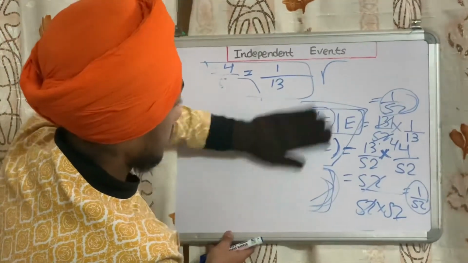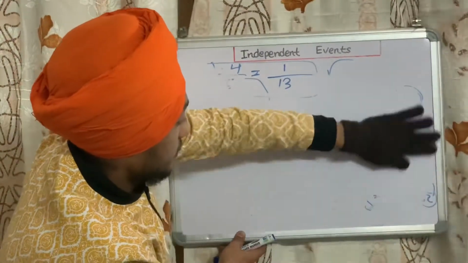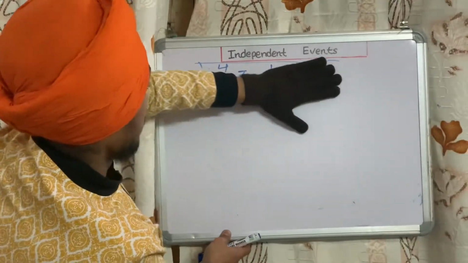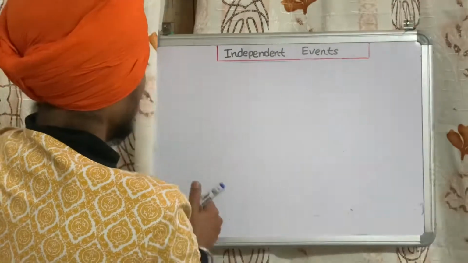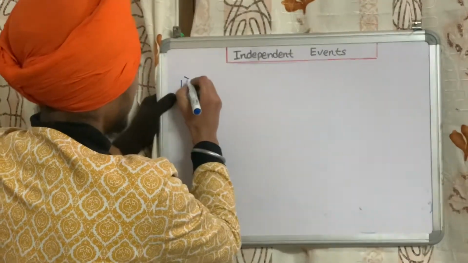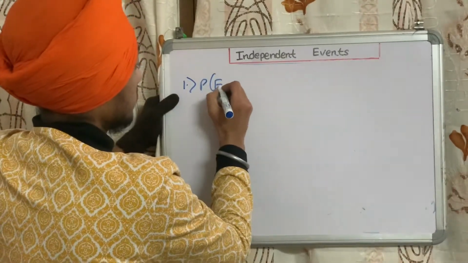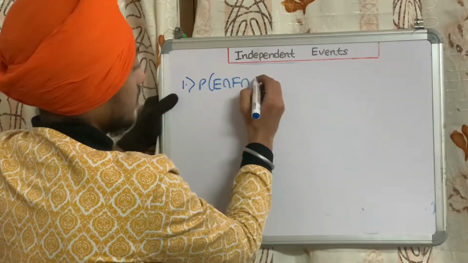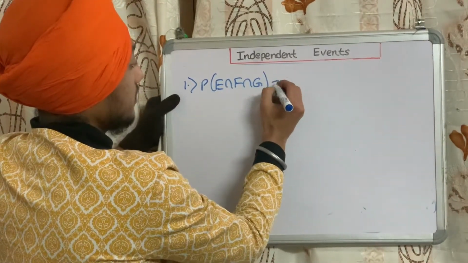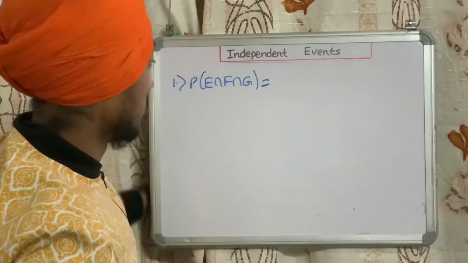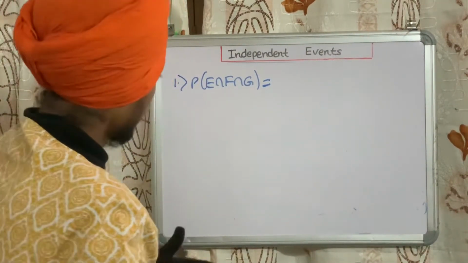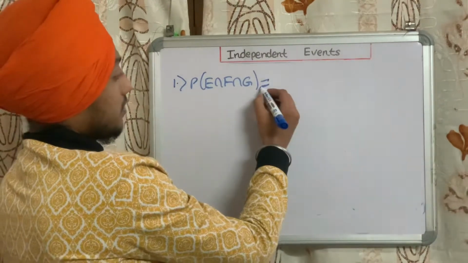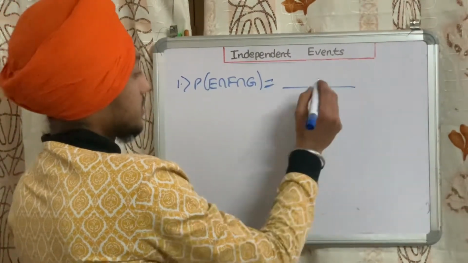What are the three conditions? For three events, what are the conditions we meet with? For the probability of finding three events held simultaneously, one after another at the same time, we're going to find its probability.